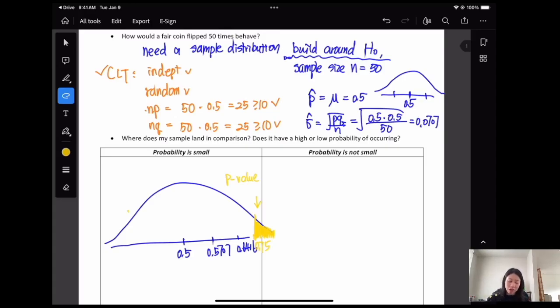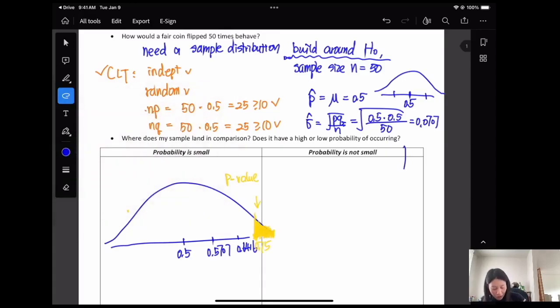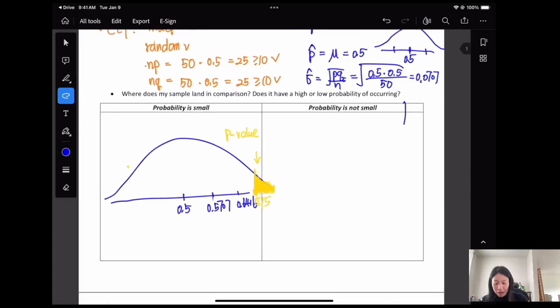Now, how do we define whether the probability is small or not small? If the probability is small, that means our sample was unlikely under the assumption.